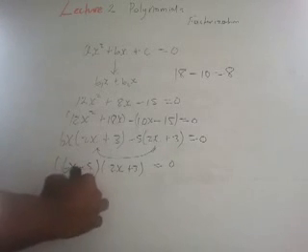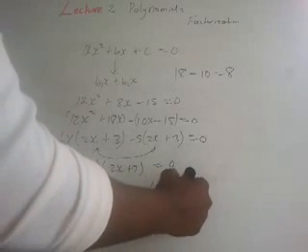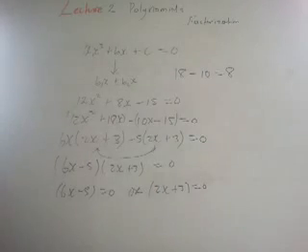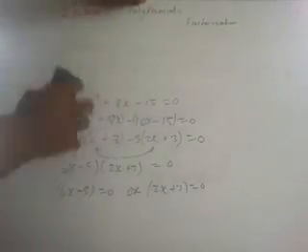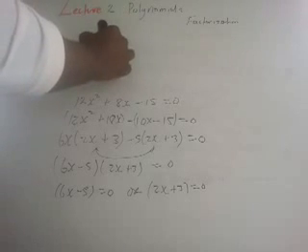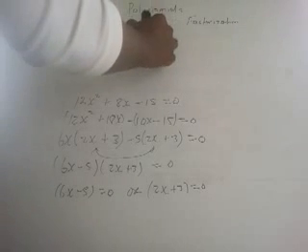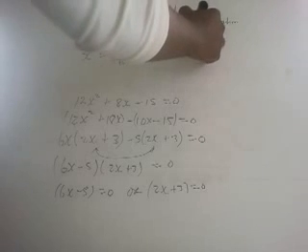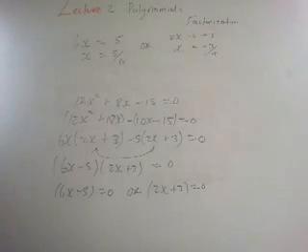We can equate each bracket to 0 and solve for x. We end up with 6x is equal to 5, x is equal to 5 over 6, or 2x is equal to minus 3, x is equal to minus 3 over 2. And that is the solution for this quadratic equation.